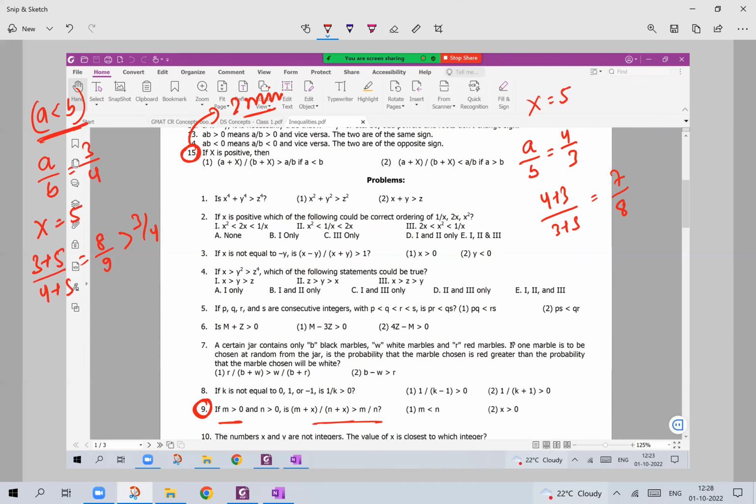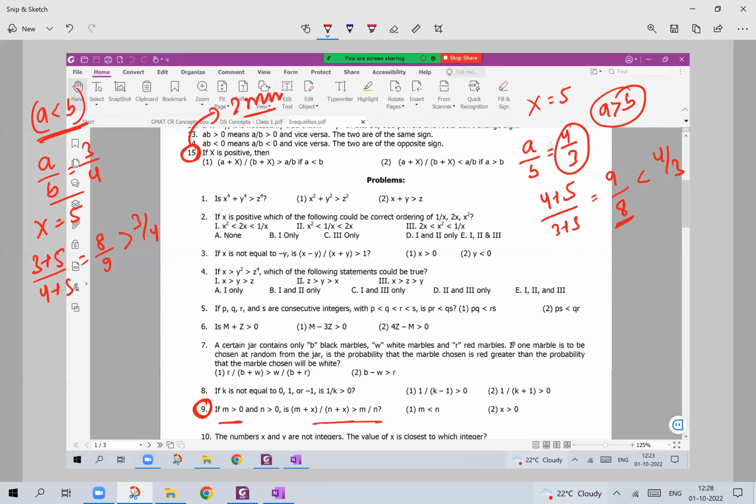So it is 9 by 8. This resultant value is less than the actual fraction, that is 4 by 3. So if a is greater than b, and if you add the same element in numerator and denominator, the resultant value that you get will be less than the actual value, that is 4 by 3.